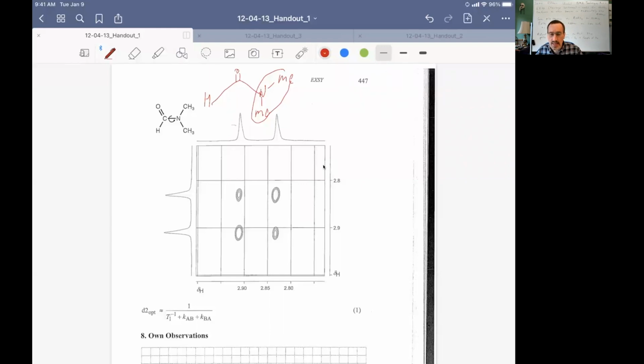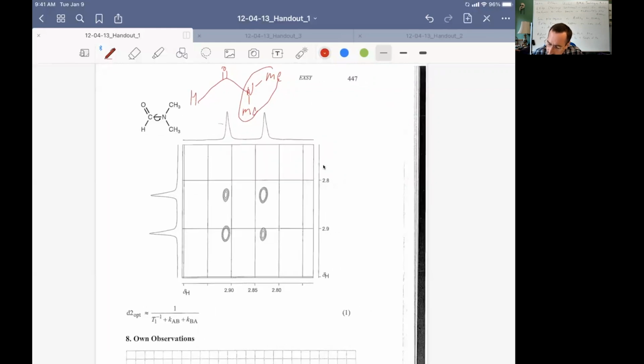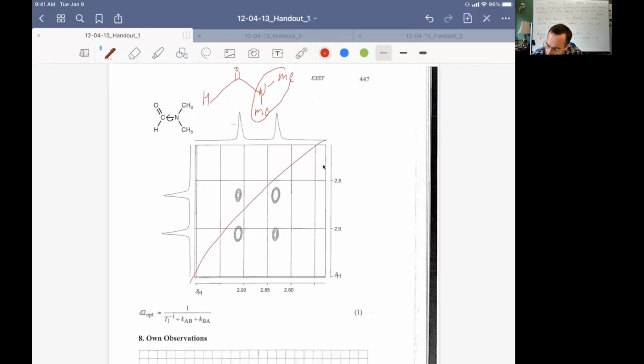And so in this example, they would have warmed up their DMF solution to a point where the singlets were just getting a little bit fatter, and they run an EXSY spectrum. And so this is your diagonal. And normally you would just see a methyl group here and a methyl group here.